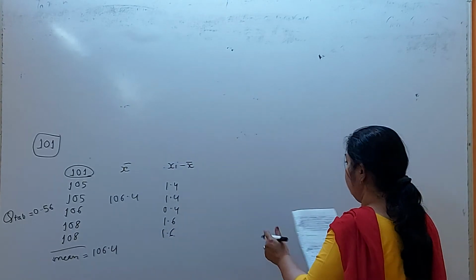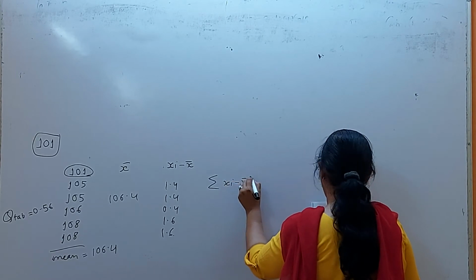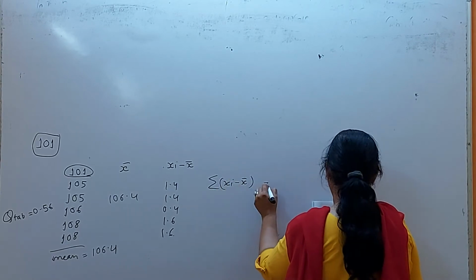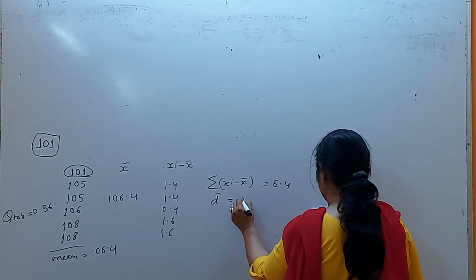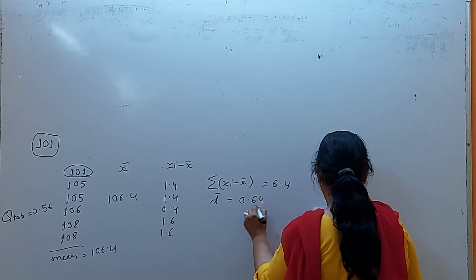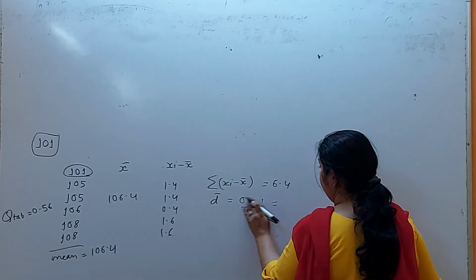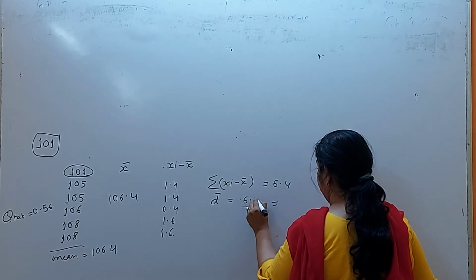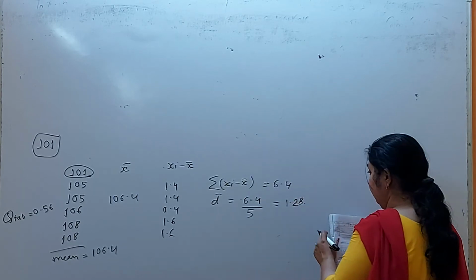The summation of |xi minus x bar| is 6.4. So d bar is 6.4 divided by 5, which comes out to be 1.28.